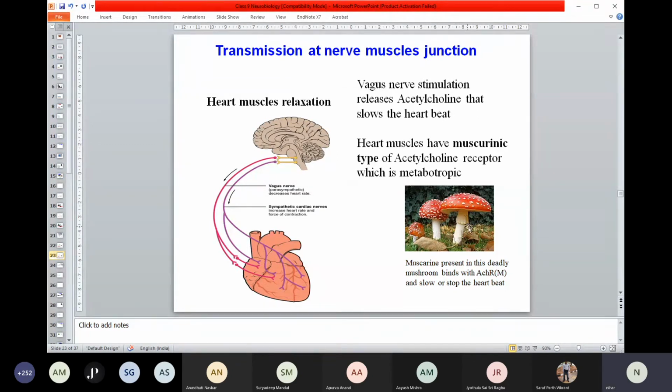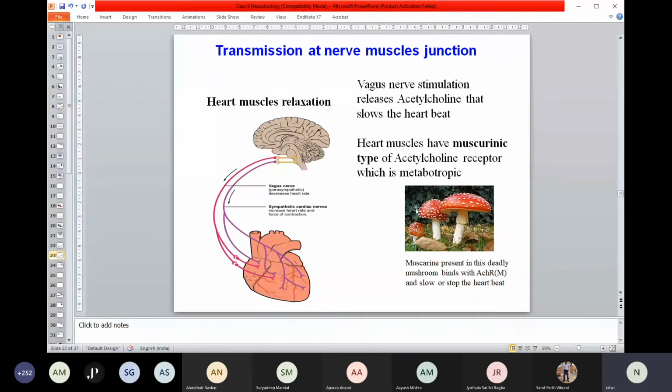These mushrooms are deadly because the chemical agent present in them is called muscarine. This muscarine is actually an agonist of the acetylcholine receptor present in your heart, and this is called muscarinic. That's why it's called the muscarinic type, the G-protein coupled receptor.